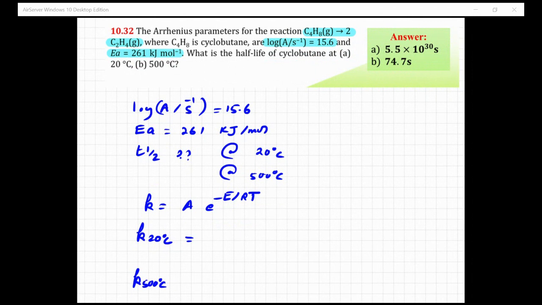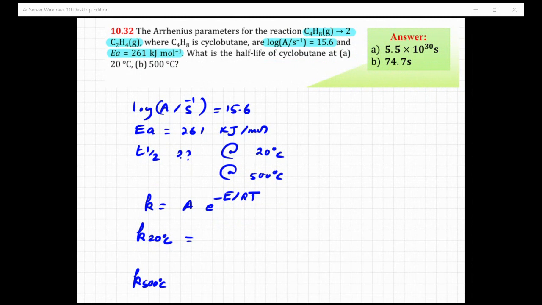The units of A follow k. Units of A are second inverse, so units of k will be second inverse. So what does it mean?